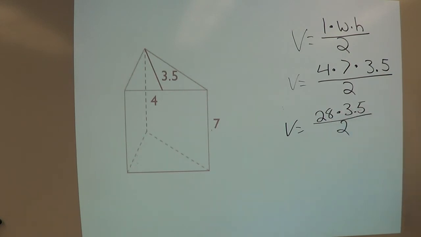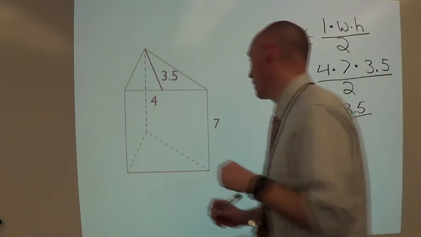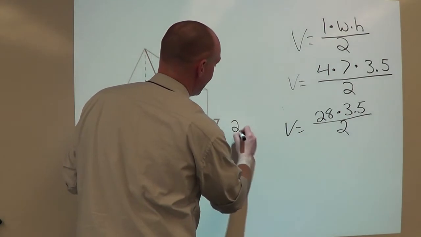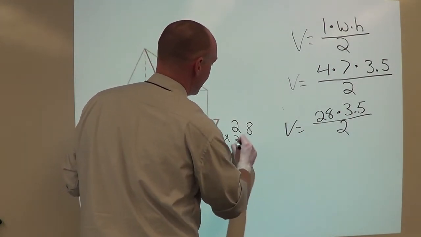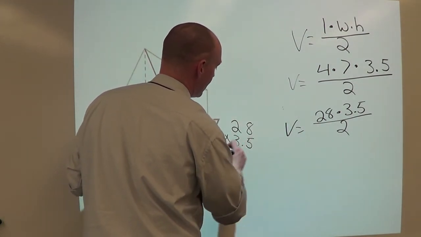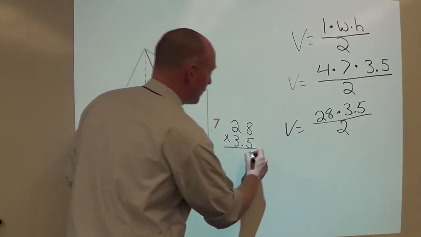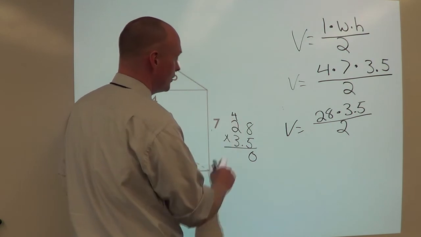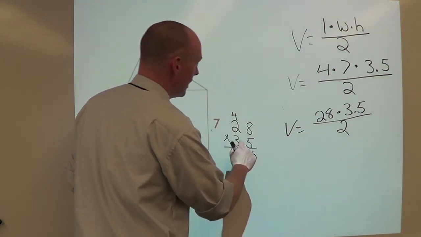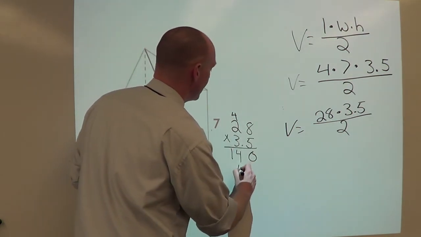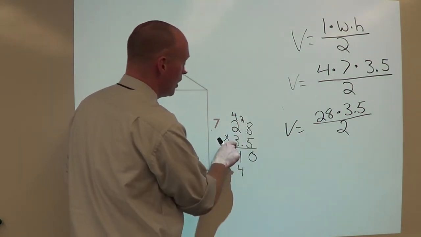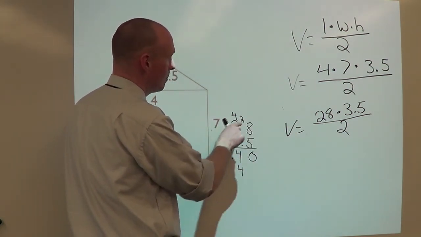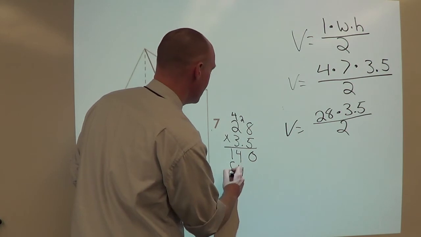28 times 3.5, can't do it in my head, so I'm just going to do it over here. 28 times 3 decimal point 5. 5 times 8 is 40, 0, carry the 4. 5 times 2 is 10, plus 4 is 14. 3 times 8 is 24, carry the 2. 3 times 2 is 6, plus 2 is 8.